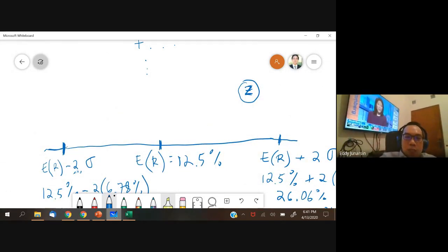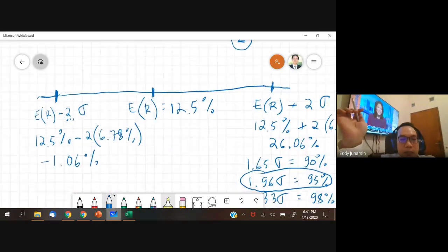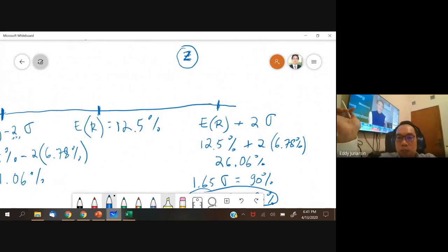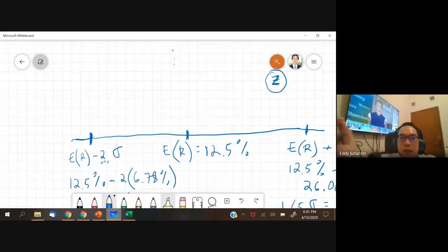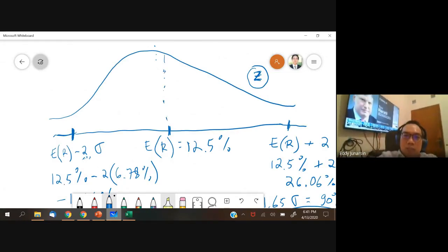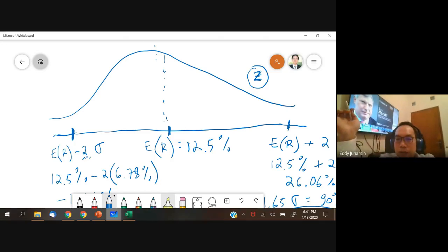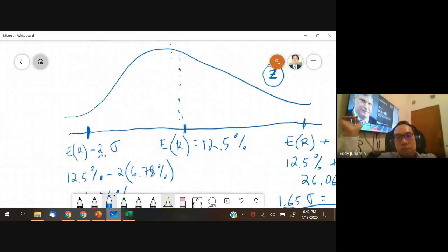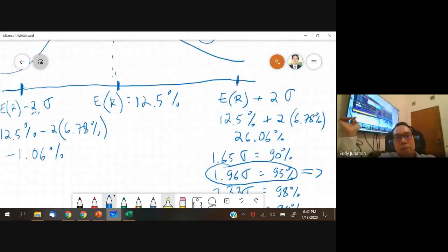So what can you infer here? This investment has an expected return of 12.5%, with the worst scenario of minus 1.06%, and the best scenario of 26.06%. And what we are talking about here has a possibility of being correct 95% of the time. Okay, one more time.